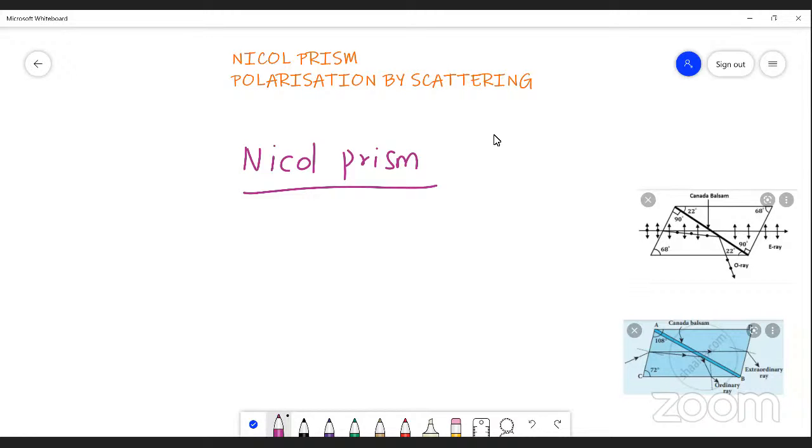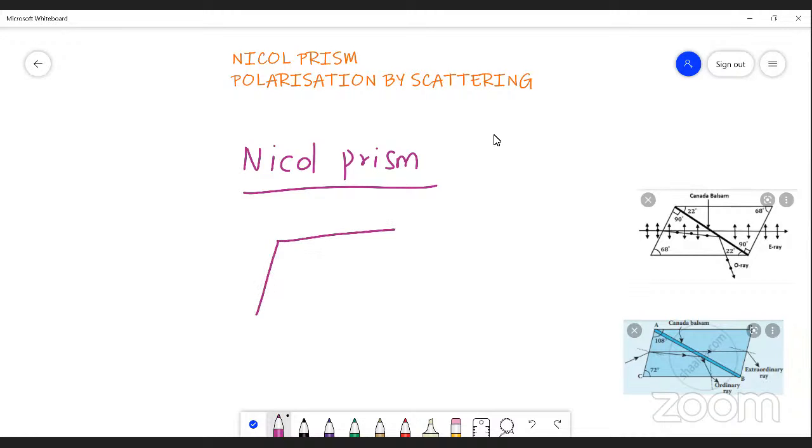Which means unpolarized light incident on the calcite crystal produces 2 images, based on the 2 rays. One is the ordinary ray, another one is the extraordinary ray.